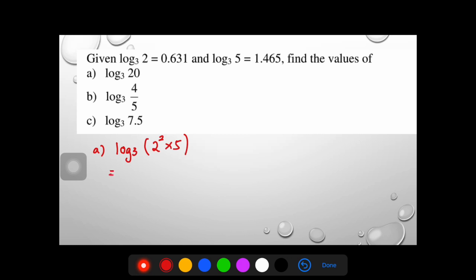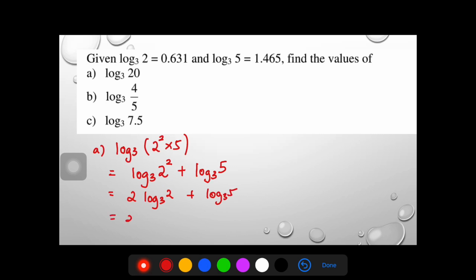And according to the law of logarithm, separate it become log base 3, 2 square plus log base 3, 5. And here will become 2 log base 3, 2 plus log base 3, 5. And substitute the value.